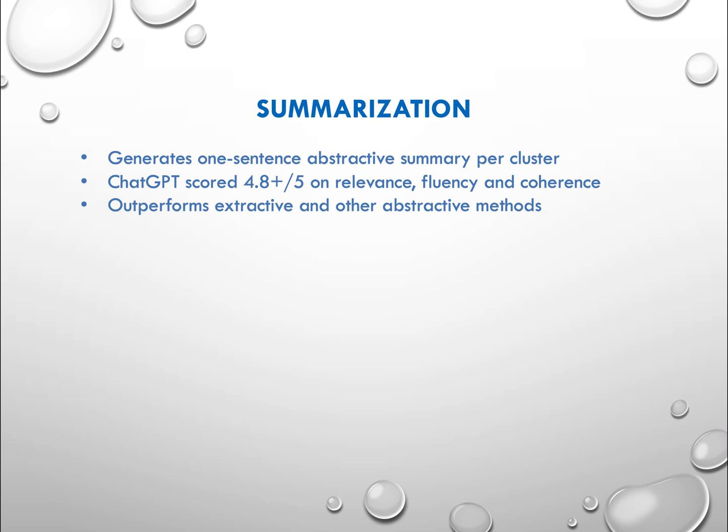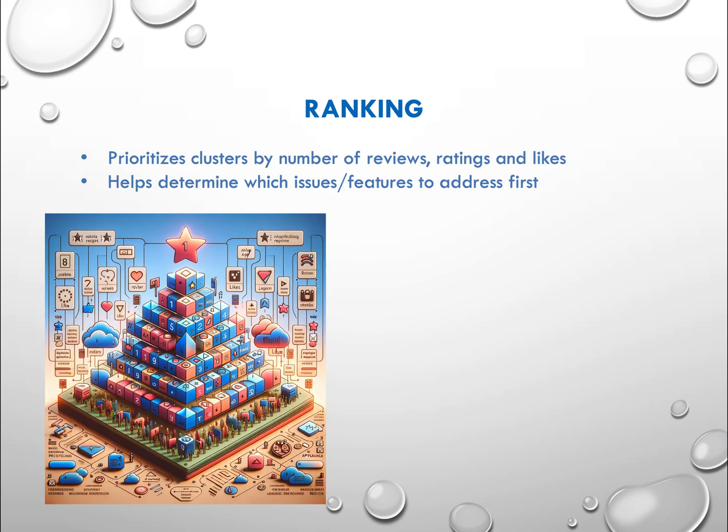The ChatGPT performance exceeded both extractive summarization baselines as well as other large language models. Ranking. Finally, the identified clusters are ranked in priority order based on the volume of reviews, the average rating, and the number of helpful votes so that app developers can systematically determine which issues need immediate attention.